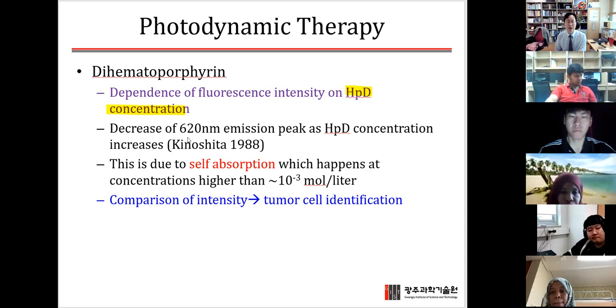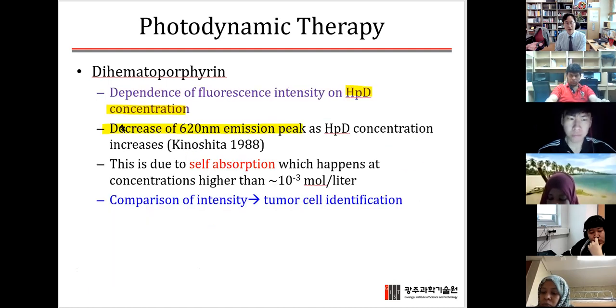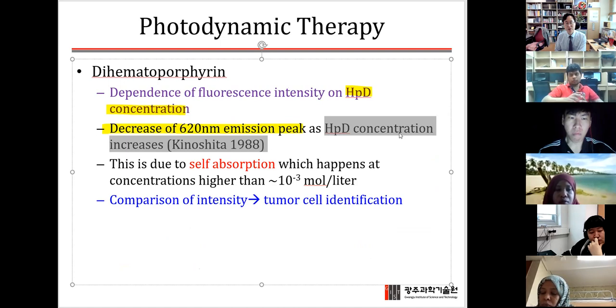However, people found that the 620 nanometer emission peak is decreasing. So when you go back here, 620 has a strong fluorescence emission. That means that when you use the laser at the wavelength here, or even here, it will generate the fluorescence signal, and then the fluorescence signal goes down when there is an increase of the photosensitizer concentration.